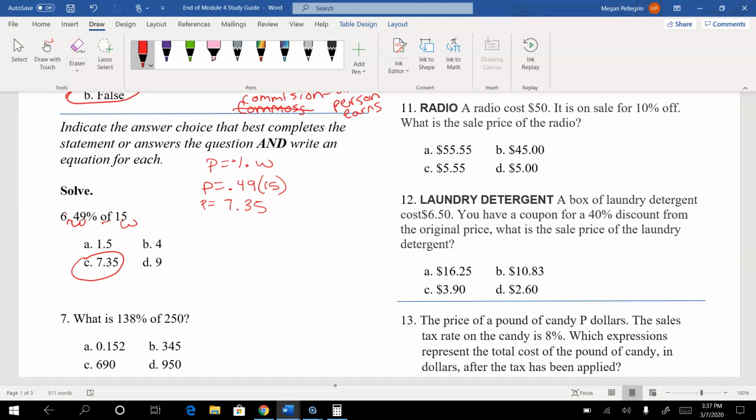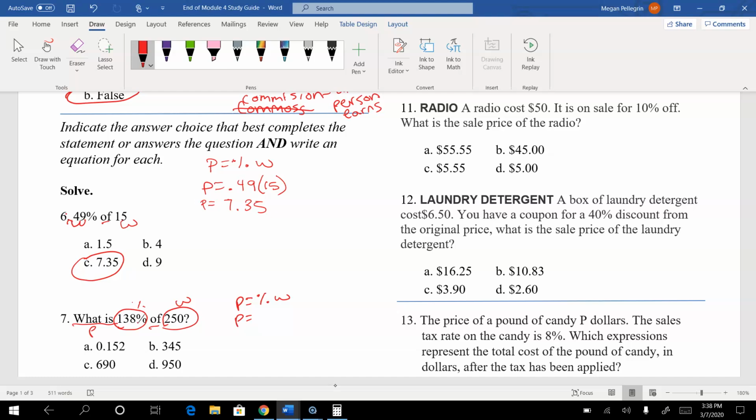We weren't looking for a percent, we already had one, so we did not need to move the decimal any after that. Okay, so what is 130% of 250? So what is, that's going to be our part, percent of, this is our whole. So P equals percent times whole. So P equals the percent.